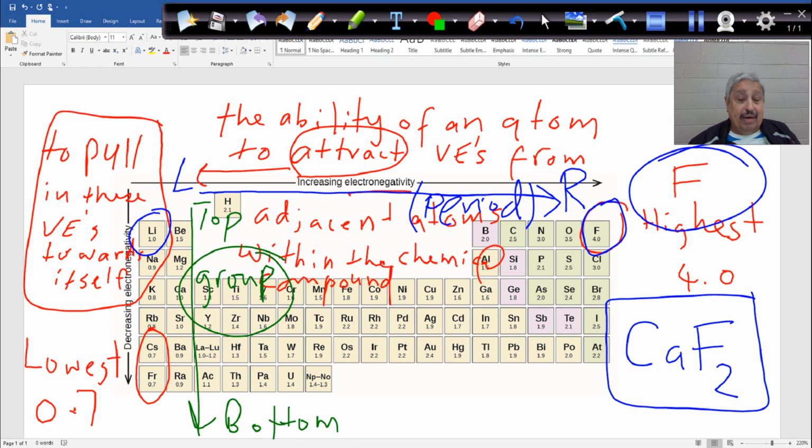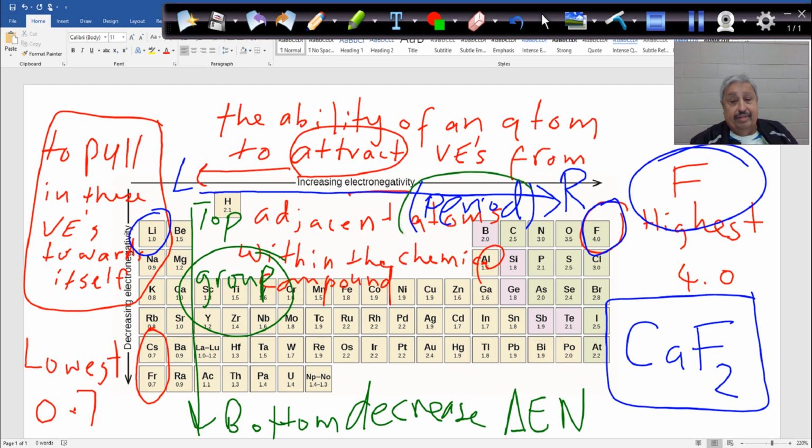From the top to the bottom it decreases. What's that? The electronegativity, delta EN, the difference in electronegativity, or the electronegativity decrease, correct? And it increases from left to right. The atomic radius is quite the opposite.